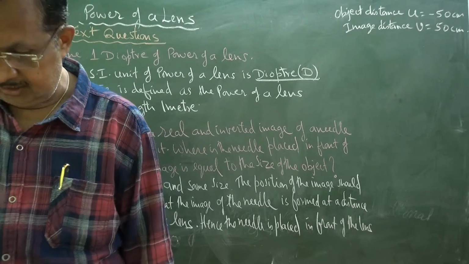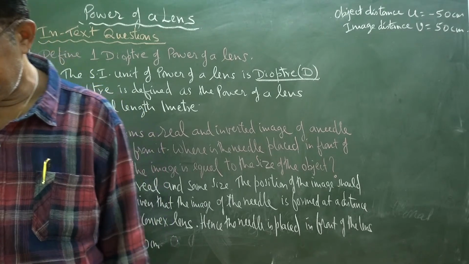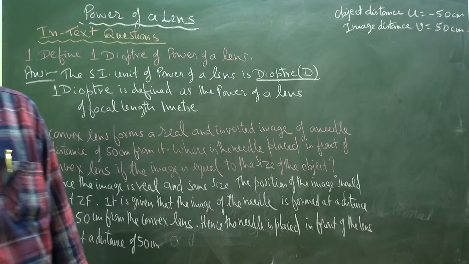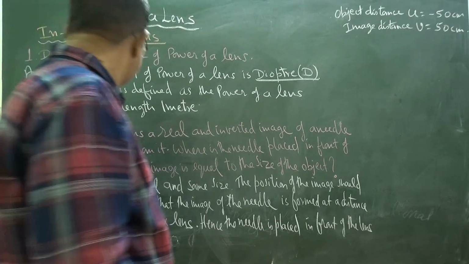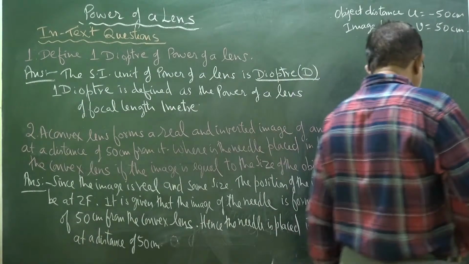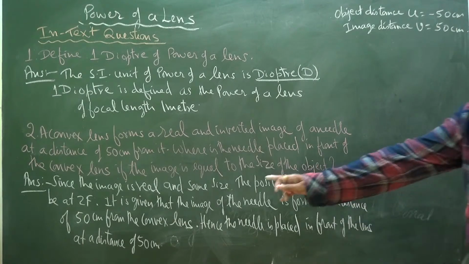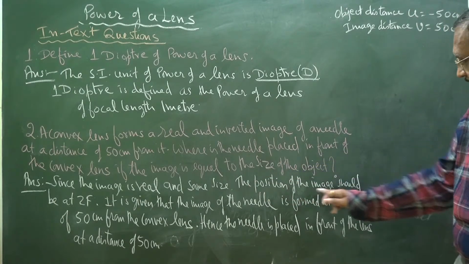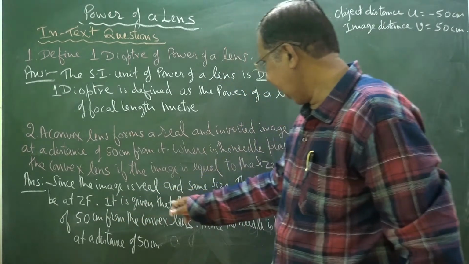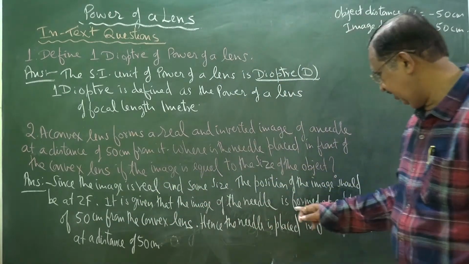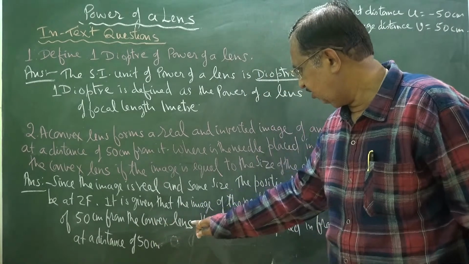Now the next question. Find the power of a concave lens of focal length 2 meter. So write down this answer. Since the image is real and same size, the position of the image should be at 2F. It is given that the image of the needle is formed at a distance of 50 centimeter from the convex lens.